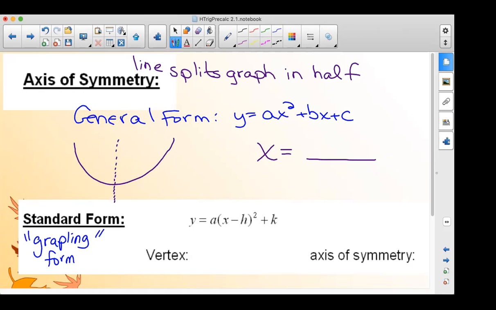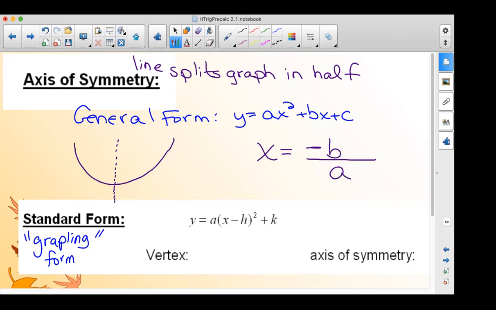Anybody at home remember the formula? Is it B divided by C? No, but there is a B on top. There's a negative sign on top as well. Is it over A? Oh, you're so close.